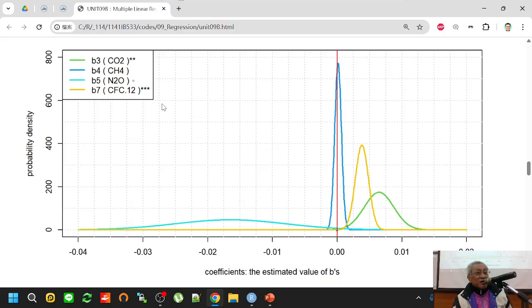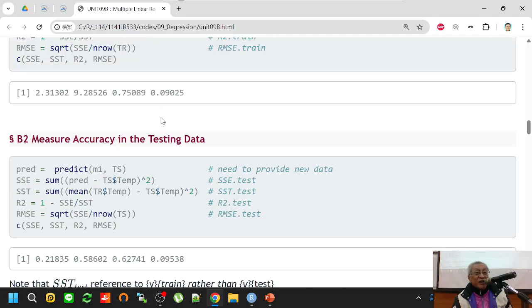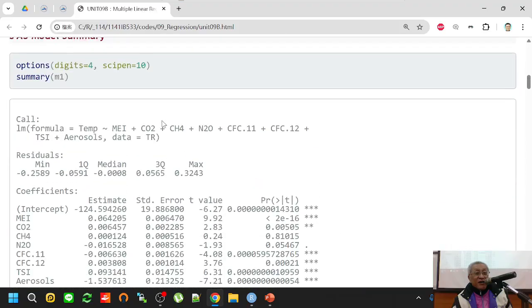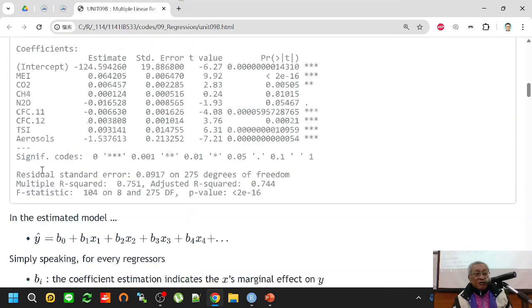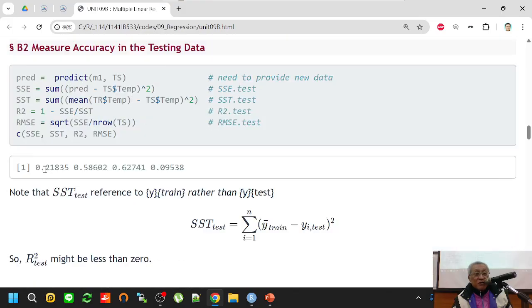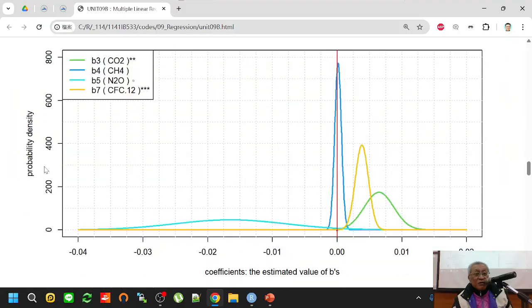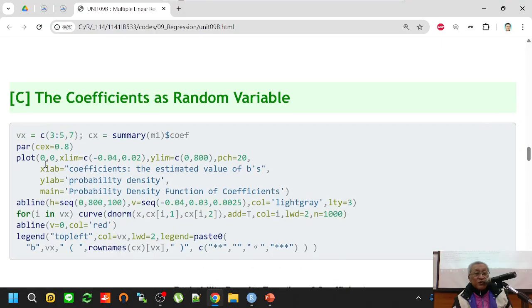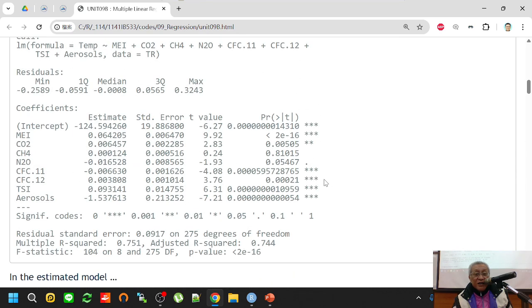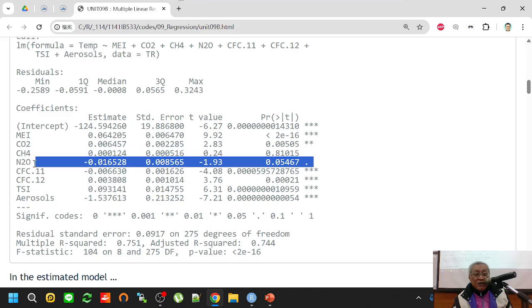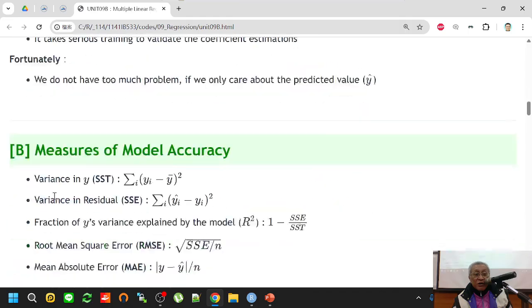Why? As you can see, B5 has a p-value of 0.05. B5 is CF12. Where does it go?